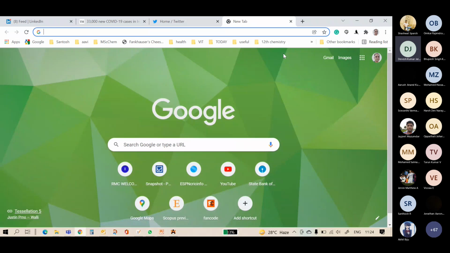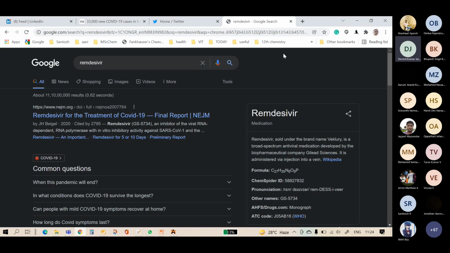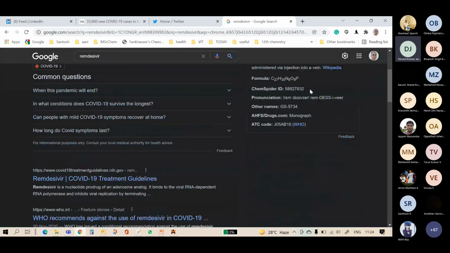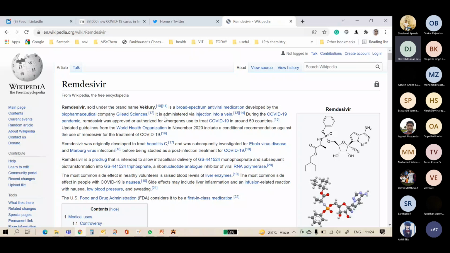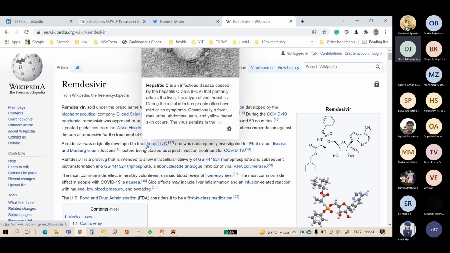So let's try it. It's a broad spectrum antiviral medication developed by Gilead. Okay, it was originally developed to treat hepatitis C. Do you see that?